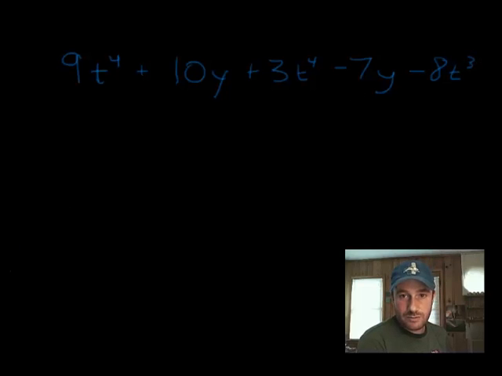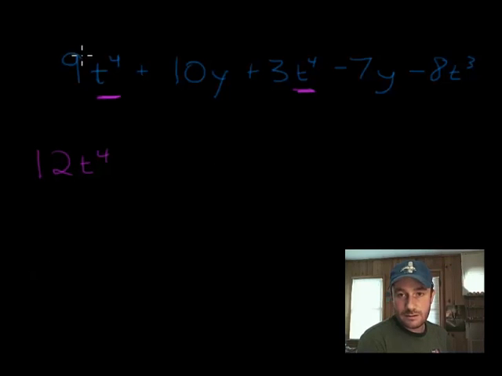Alright, so now what you should be doing is looking for like terms. You look for the letter and the power, right? Which letters, and does this one match with anything? Let's say the t to the fourth power. Are there any other t to the fourth power that you see here? Yes, here's one right here, right? So let's combine those. 9t to the fourth power plus 3t to the fourth power. That's 12t to the fourth power.